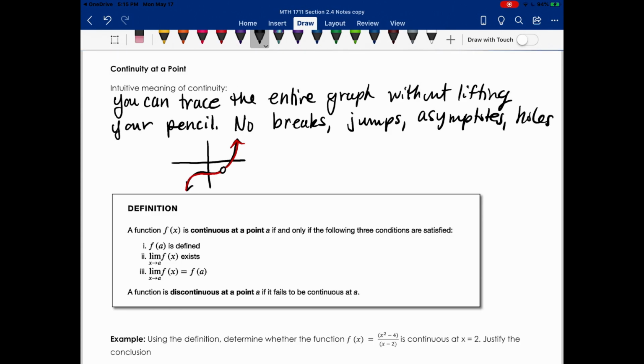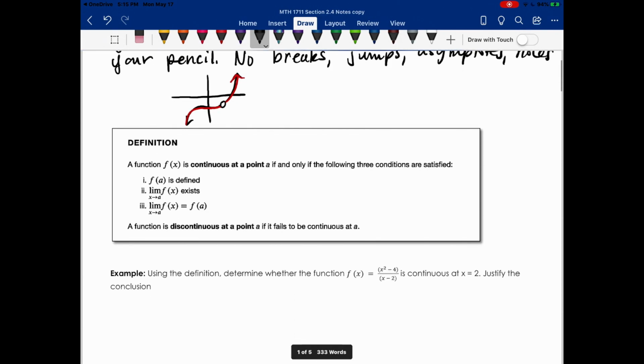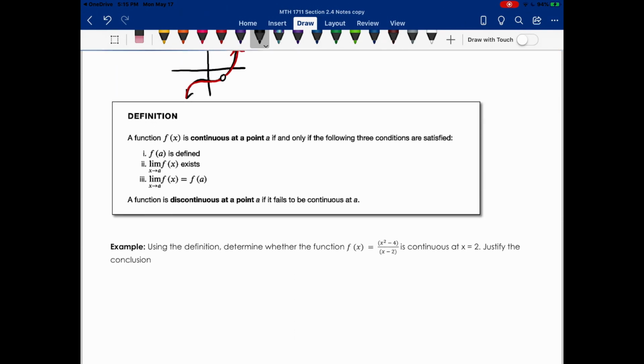Now, in order for it to be considered continuous by the definition, three things must happen, and this is very, very important. So the first thing that needs to happen, if we're looking at a specific point and we want to see if it's continuous at that point on the function, the value of that point must exist.